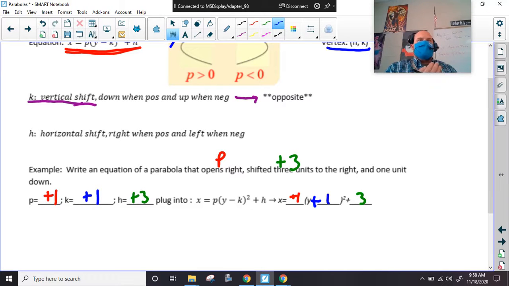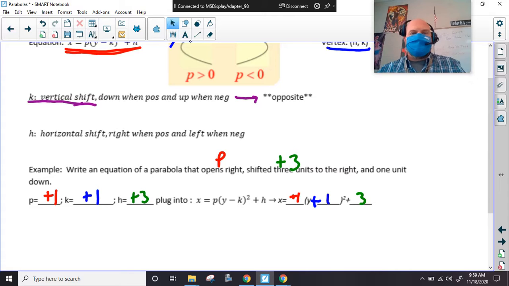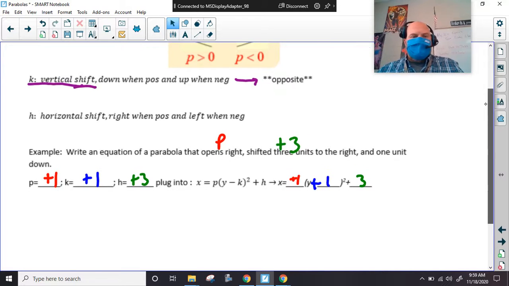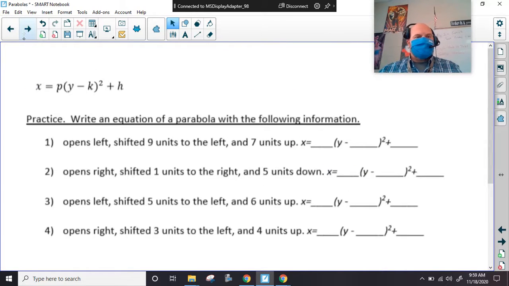But that's really all we're doing. We're not graphing, because we could do that. I could give you a link, you could type this in and it will graph it for you. That's not a big thing.